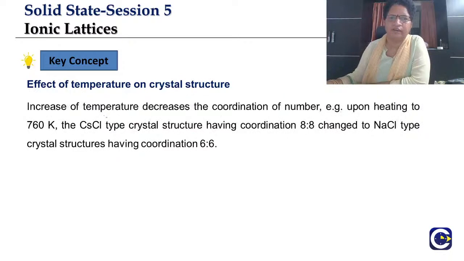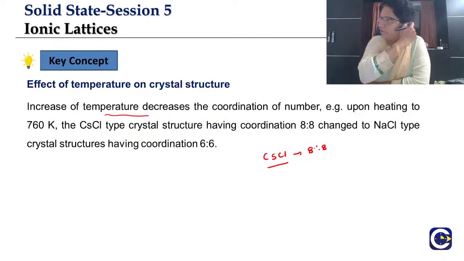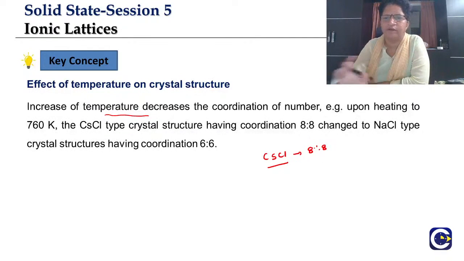So when we increase the temperature, the coordination decreases. That is, a compound which has a higher coordination number like 8:8, what happens when we try to heat it? It will change its coordination number. It changes to a lower coordination number of 6:6.